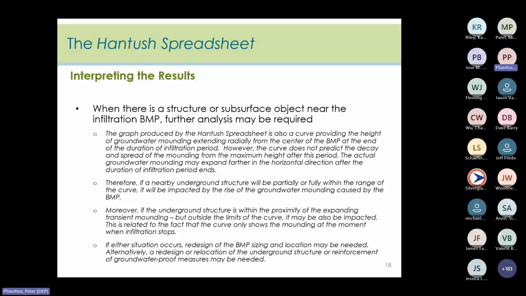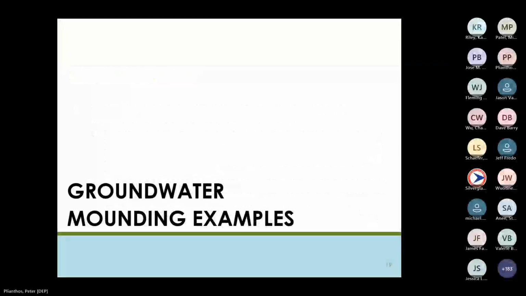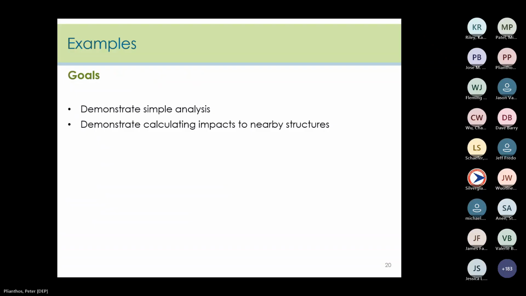Now that we better understand the inputs to the hand-touch spreadsheet and the results it provides, let's go to some examples that illustrate the method and what to do with the results. The examples presented today are two of the ones included in Chapter 13 and are arranged from simplest to more complex.